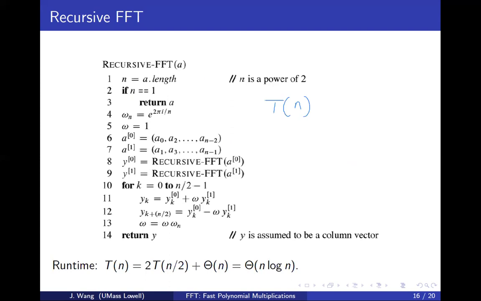So this is what we did on n distinct points on these unit roots values. So then we divide them into two subproblems, each of them half size. So you get 2 halves, and then the merging.